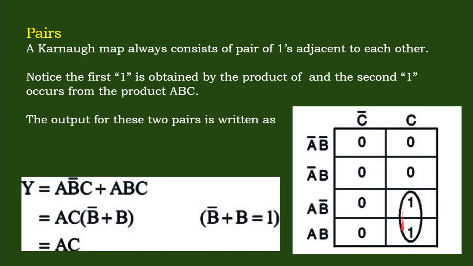This pair occupies vertically the C variable and horizontally A and B, but B in the complement form. So when a variable comes in both the complement and normal form, it gets cancelled. So B and B bar get cancelled here, and A remains, which is common to both, and this A multiplied with this C will give the term AC. So this way also we can find out the equation for the pair.